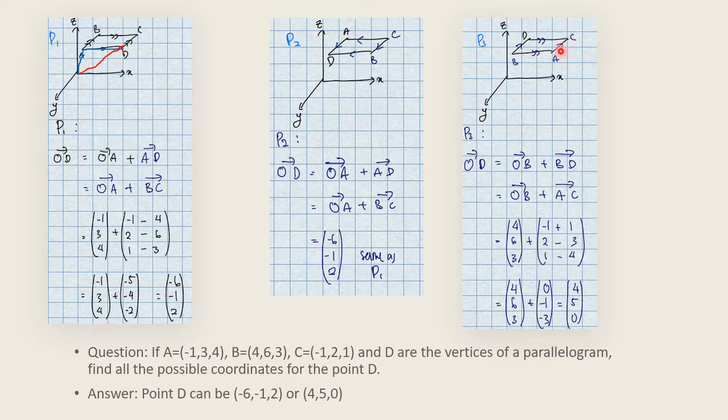They're the same vector, pointing in the same direction with the same length, which is a characteristic of a parallelogram. Repeat the process, and then we get the position vector of 4, 5, 0, which is also the coordinate. So the answer is point D can be either -6, -1, 2, or 4, 5, 0, because there are two same position vectors.